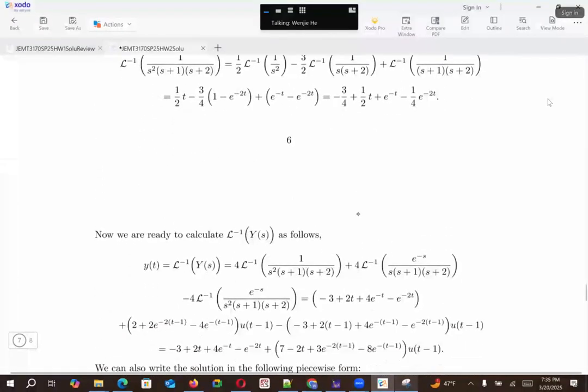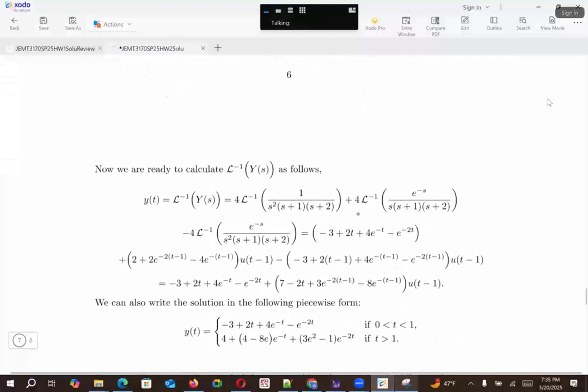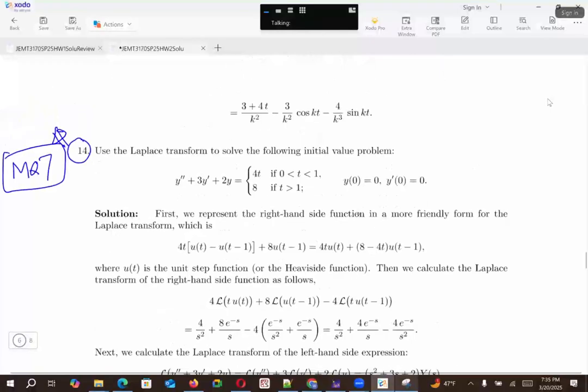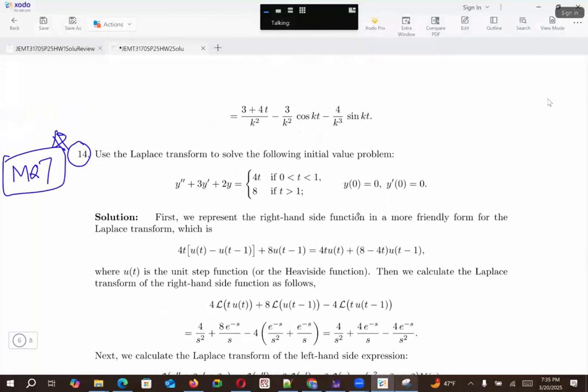You need to do quite a lot of calculation. It's similar, but easier than this one. So that's question number 7.